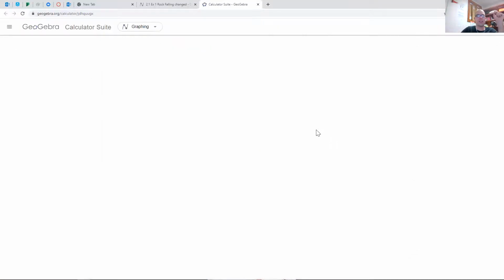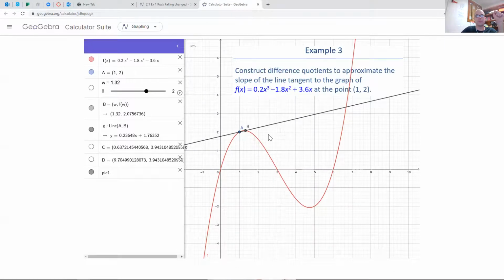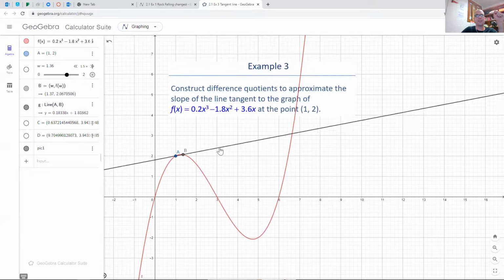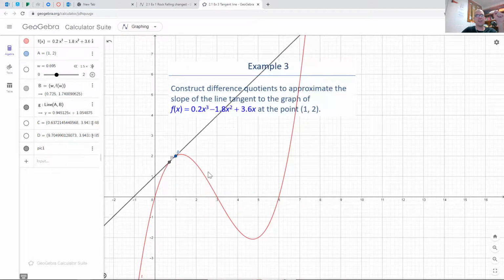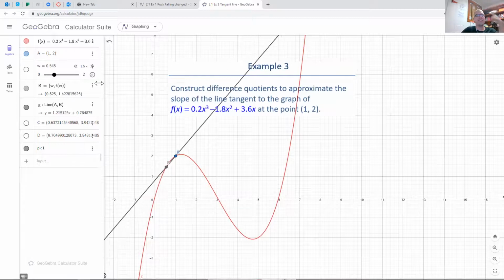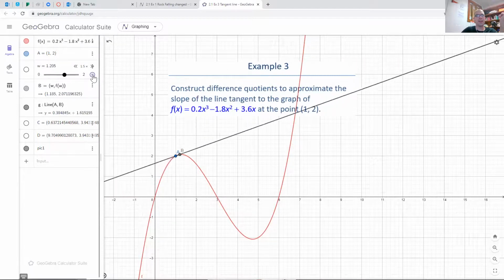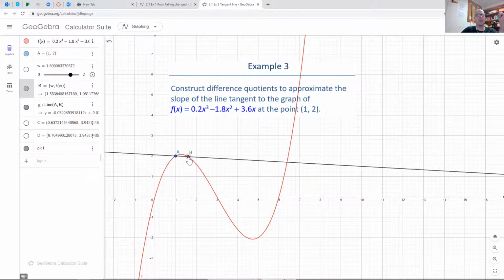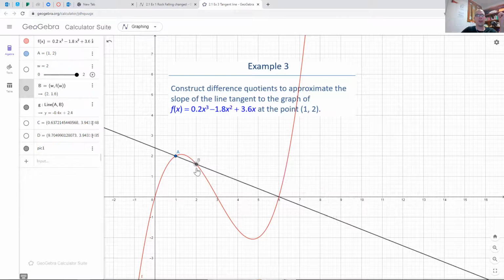Visually, here is f of x in red. And again, I've got w functioning as a slider. B is just the point w, f of w. And yeah, when we go 1 unit away, all the way out to 2, the slope of this line is -4.